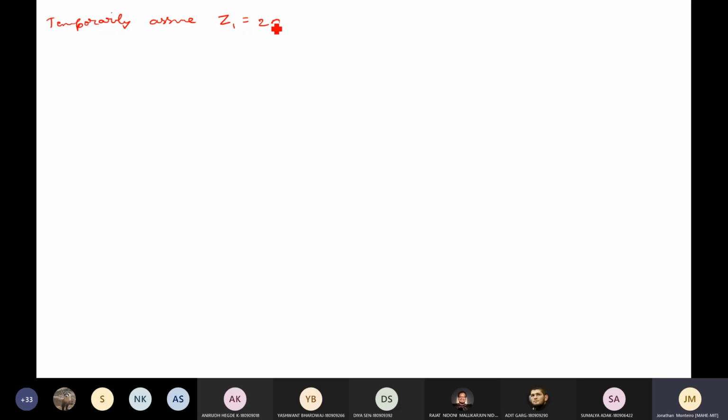So take some sufficient value, 20, 30, 40, no problem. So z1 is equal to 20 teeth. We are assuming only for the sake of temporary calculation. Then z2 will be 4 times z1 according to the ratio. So this will be 80 teeth. You might have a question, can we take 30? Yes, of course, no problem. 30 teeth you take, then this should be 30 into 4, 120 teeth.